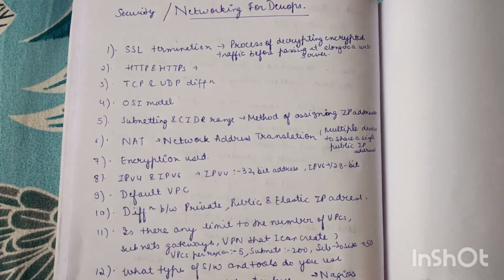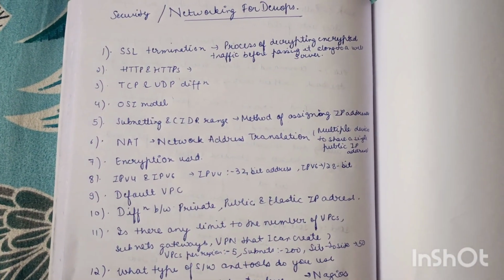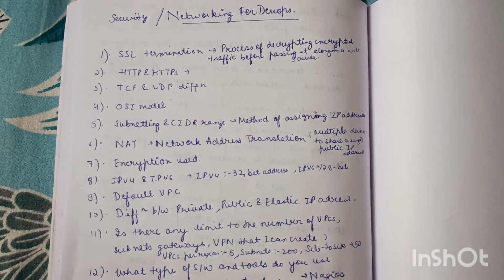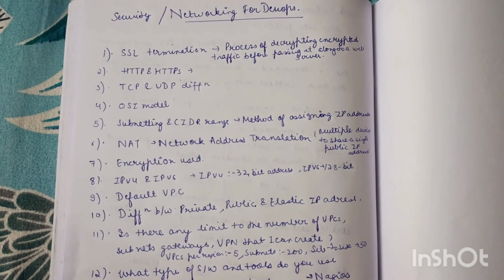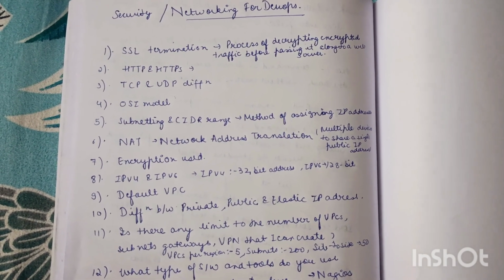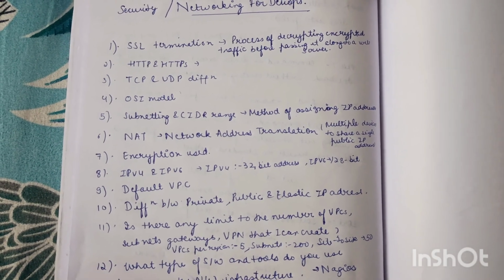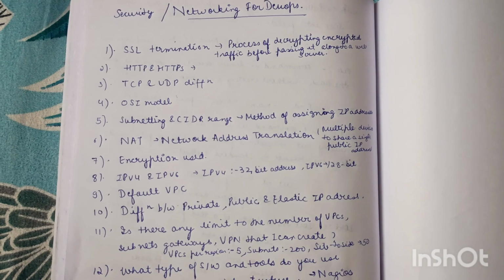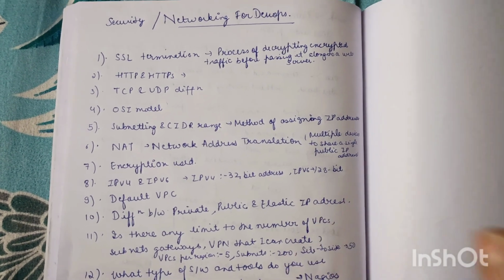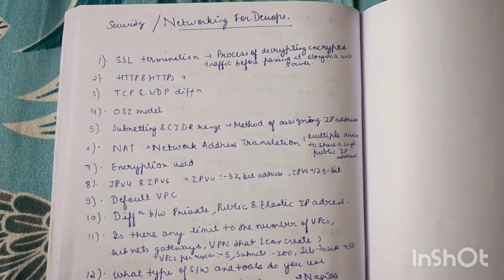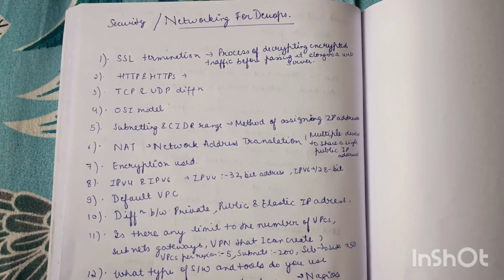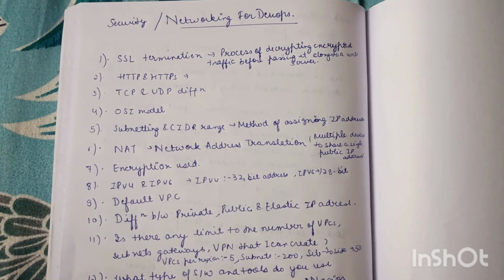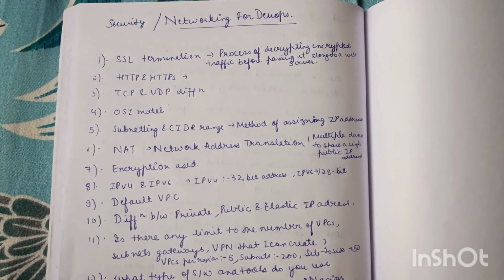So what is subnetting and CIDR range? Subnetting is basically dividing a large network into small networks. There can be private subnets and public subnets. In this way we can configure our resources by placing them into these kinds of subnets.